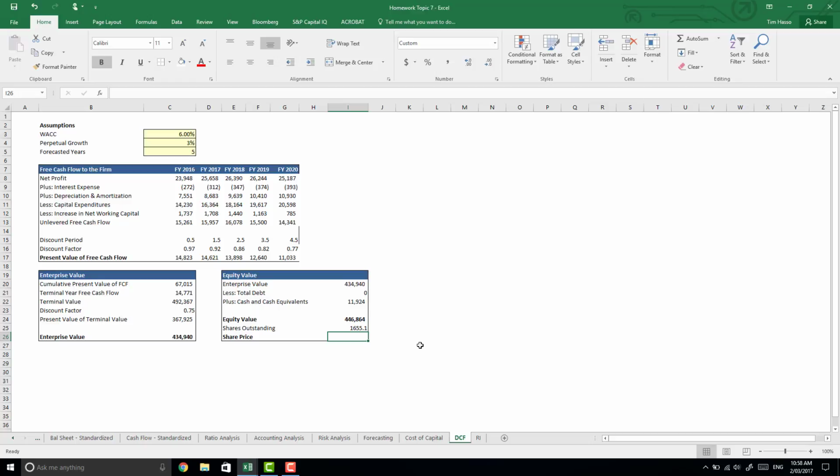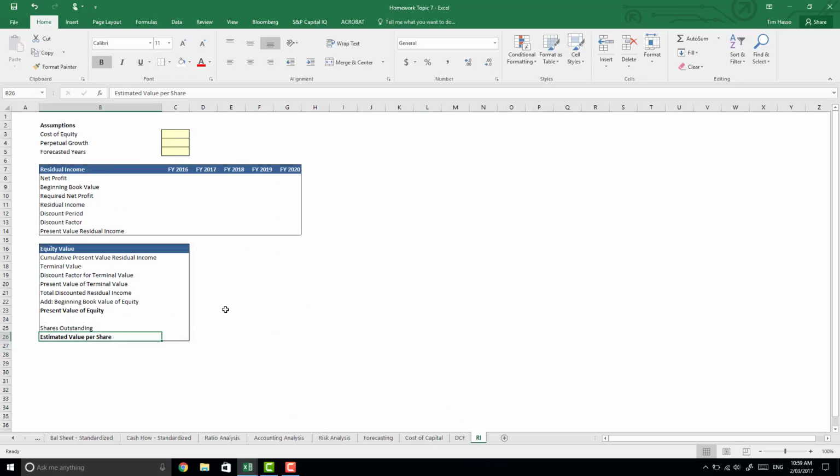This gives me my shares outstanding, which means I can divide my equity value by shares outstanding, and it gives me a share price of 270 Swedish kroners in this case. If you benchmark it to the actual share price, it's actually not too far off. So this is part one, and part two is to instead apply the residual income model.